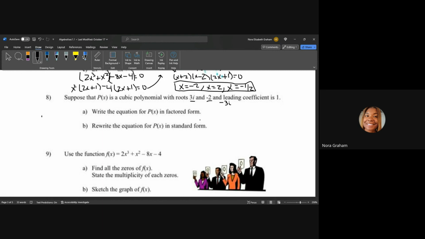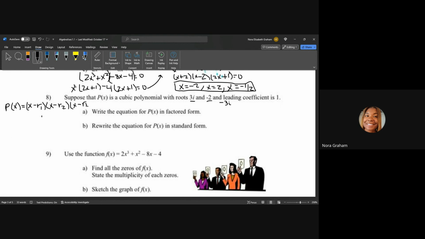All right. So now that I have my 3 roots, I can use this formula for polynomials. This is the formula we use when we're writing polynomials and giving our roots. So I'll have x minus my root, or I can write r sub 1, times x minus my r sub 2, and then x minus my r sub 3.